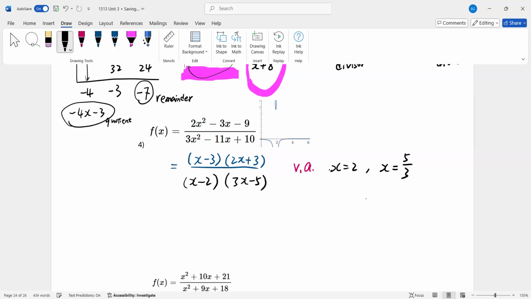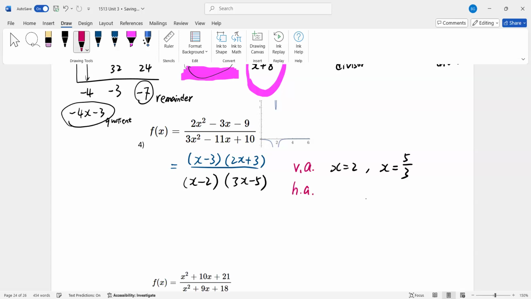These are the 2 numbers that make the denominator 0. So the rational function has 2 vertical asymptotes: x equals 2 and x equals 5 over 3.